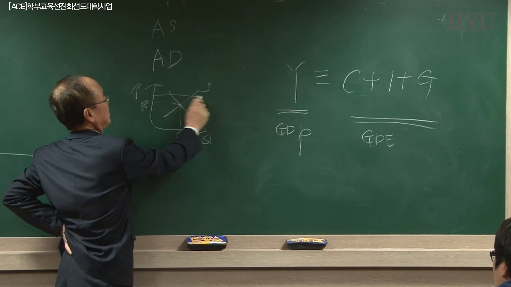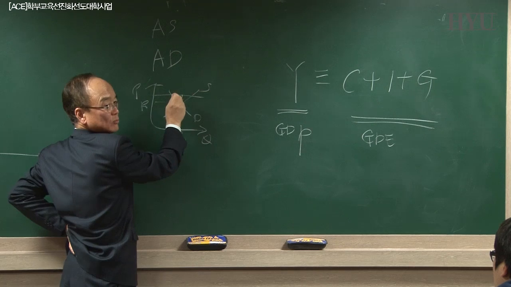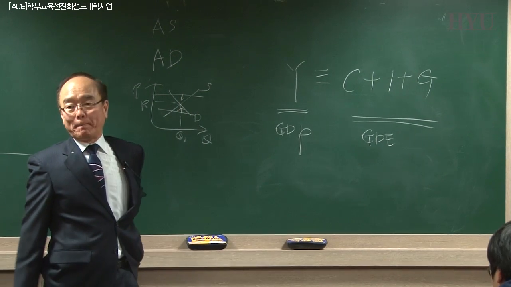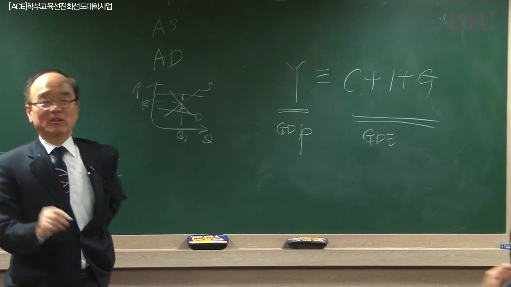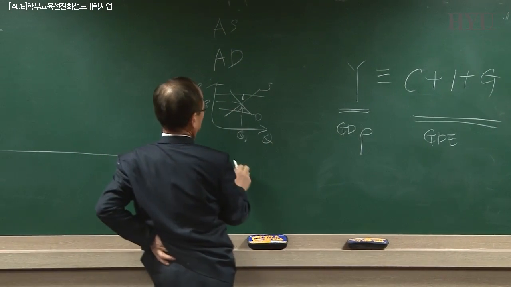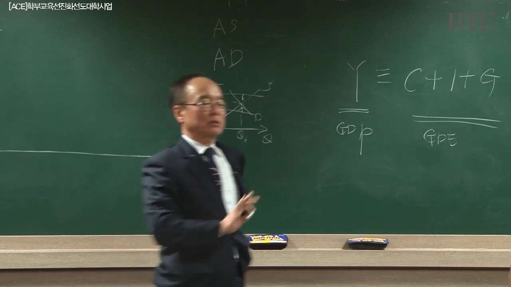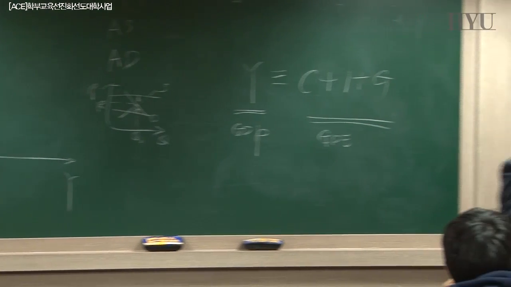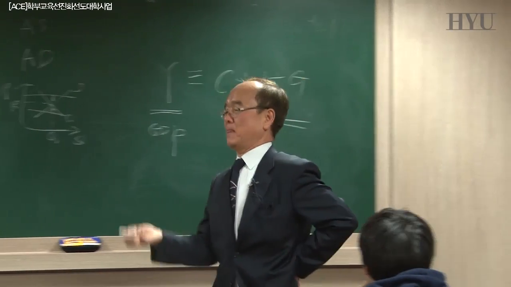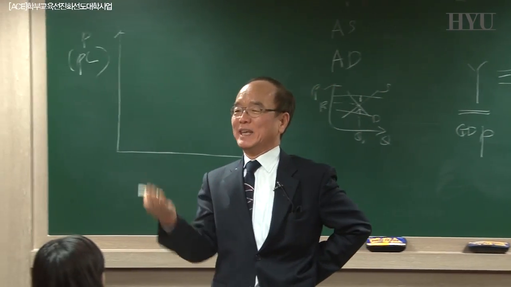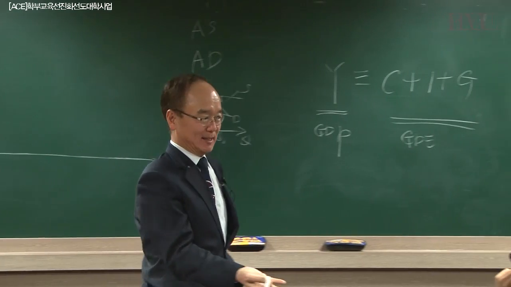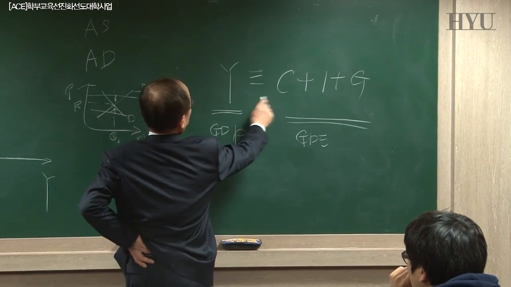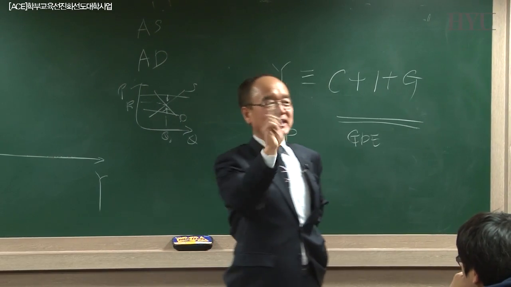Because here the price will decline, and here the price will go up. Likewise, we keep saying that in most economic theories our concern is partial equilibrium analysis. Our focus is on the equilibrium status, not the moving process. So if this is not the same, the economy cannot be in equilibrium.